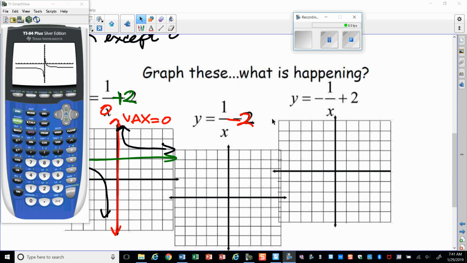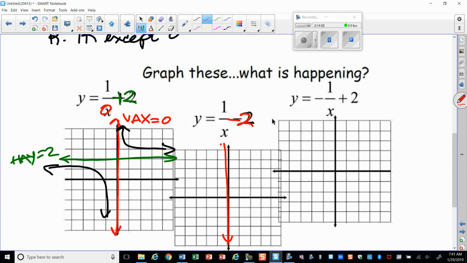So let's check it out. I can go ahead and graph that. There's my vertical asymptote. My horizontal asymptote moved down. And then it's still going to be negative, negative, and positive, positive.